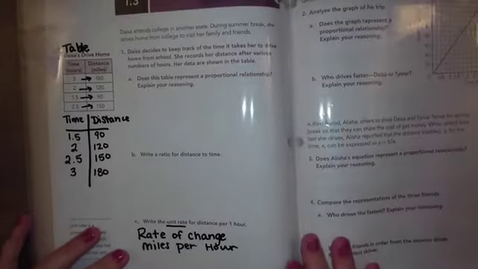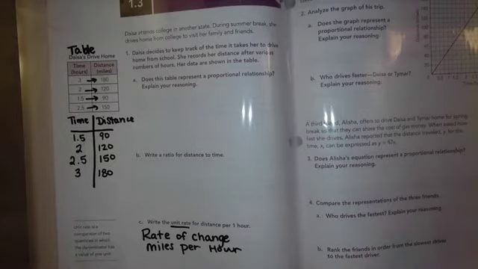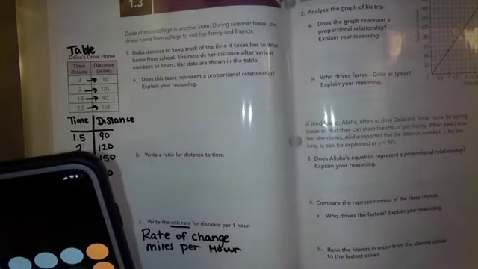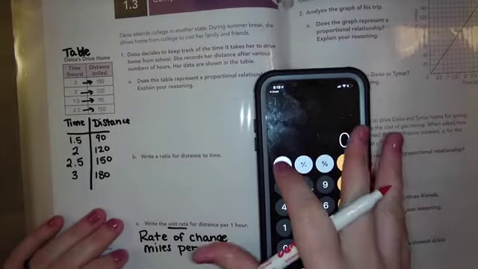So if I want to know how much she's changing, notice, I'm going to get a different color just because that's the way I do things, and I'm going to open the calculator on my phone. Okay, you could use the one on your computer, but I'm going to use the one on my phone.